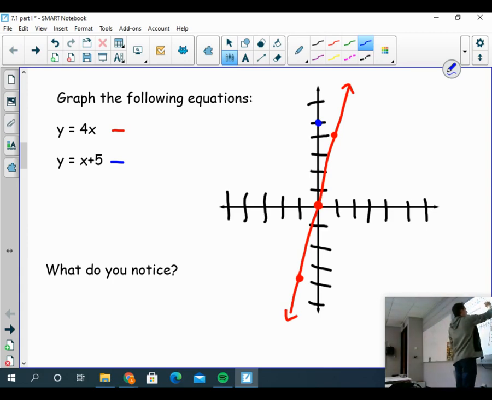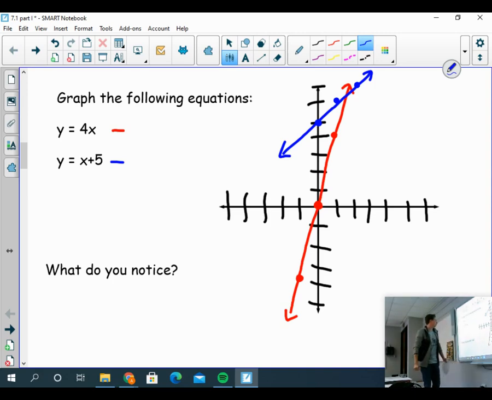And I'm going to go up 1 over 1. Probably need another point. Go up 1 over 1. And you'll notice that the graphs cross right about there.